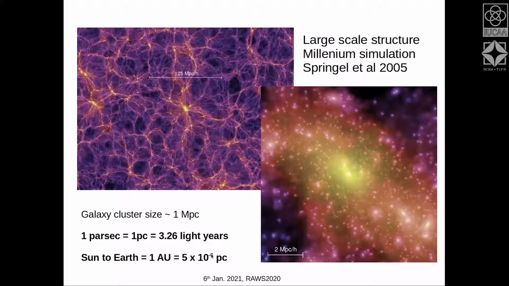Now what we are talking of when we talk of galaxy clusters are systems which are on the scales of a megaparsec. So you can see the enormous range of scales, the difference starting from our Sun-Earth system to galaxy clusters. So these are really huge systems. In fact, these are the largest gravitationally bound systems in the universe that we know of, and they are constantly evolving.